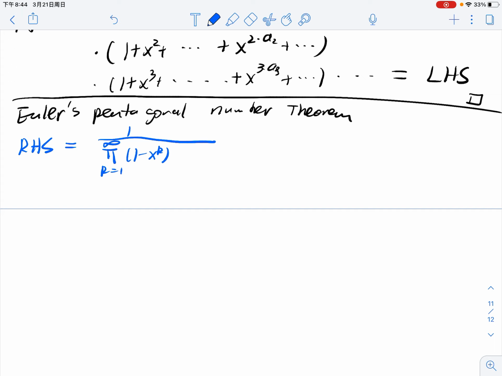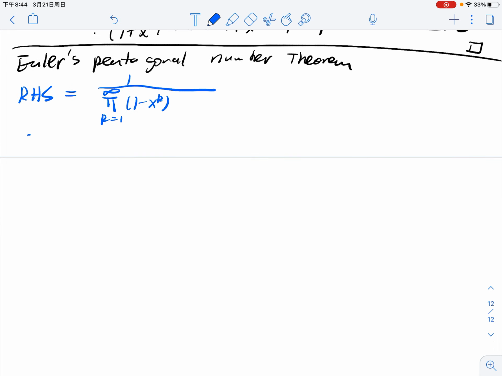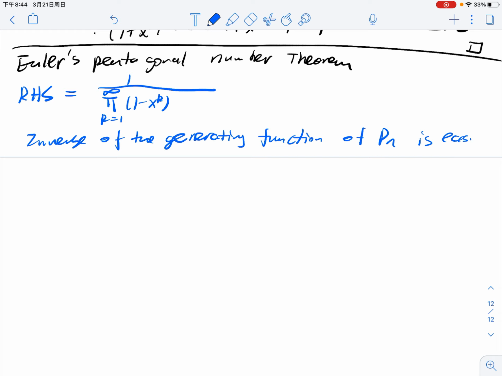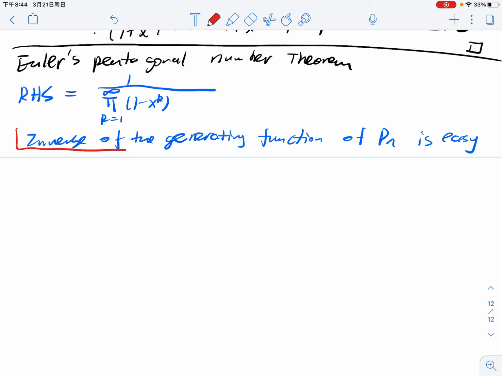Although the generating function is very hard, the reciprocal of the generating function of Pn is easy. This is a very non-trivial observation because you do have a lot of cancellation.